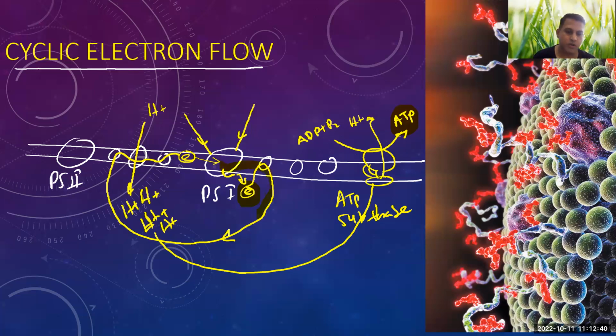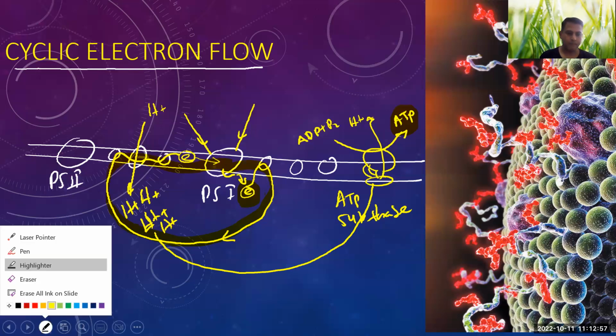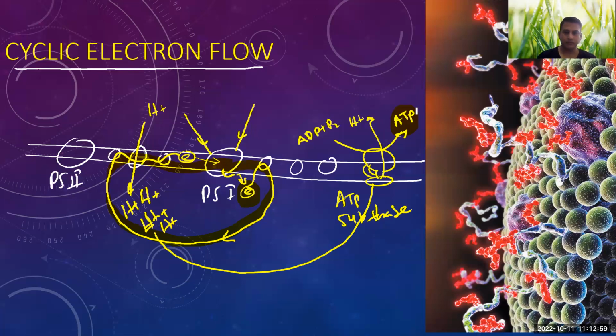This electron flow is cyclic. That's why we call it cyclic electron flow. Most of the time this is not a target for the exam.